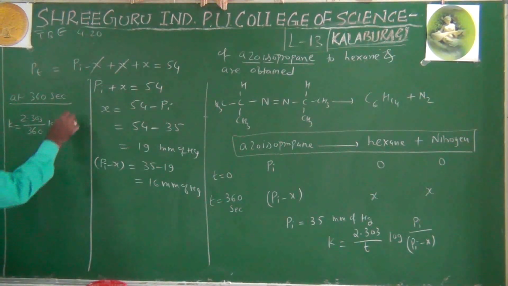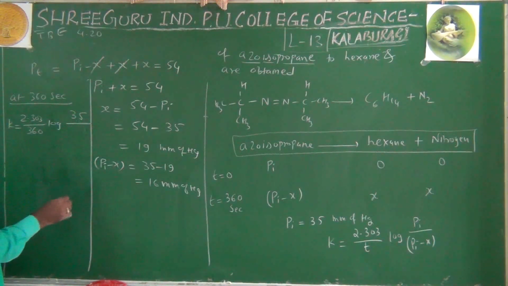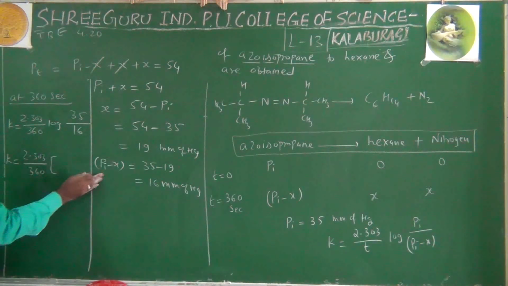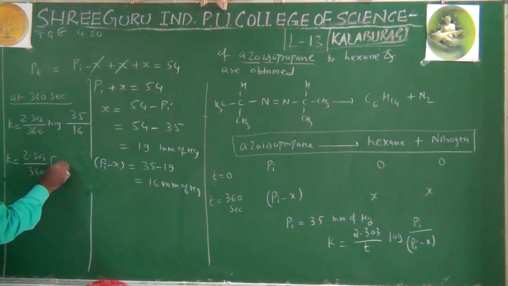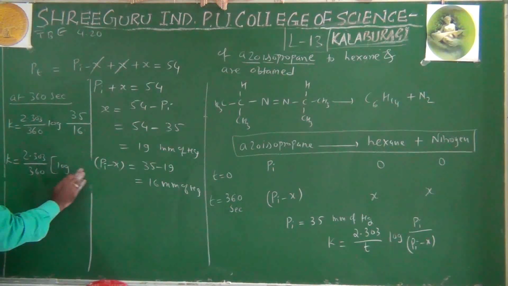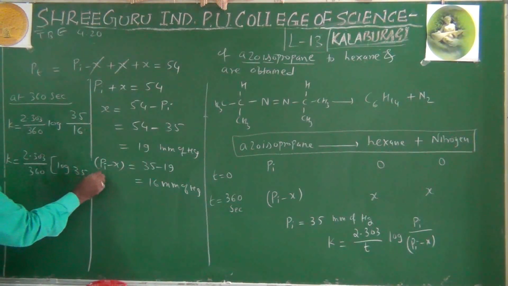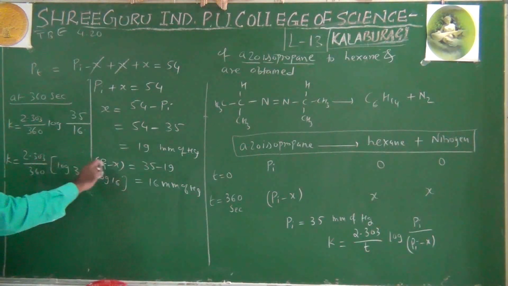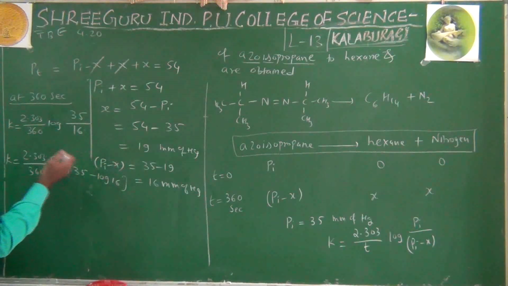Pi is 35 and Pi minus x is 16. So we can say k equals 2.303 by 360, and then I will write here log of 35 minus log of 16. It is not in a straight line, but you can understand, because again if I write this you will not get a clear idea.